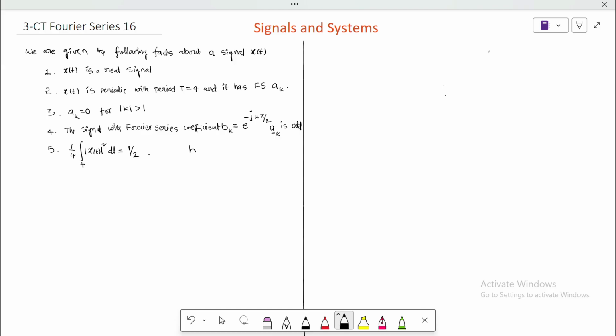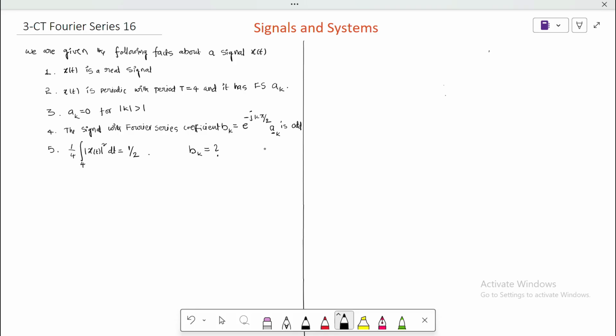Then find out b_k. What is b_k? So this is the question, is it? We have to find the exact values of the b_k Fourier series coefficients.